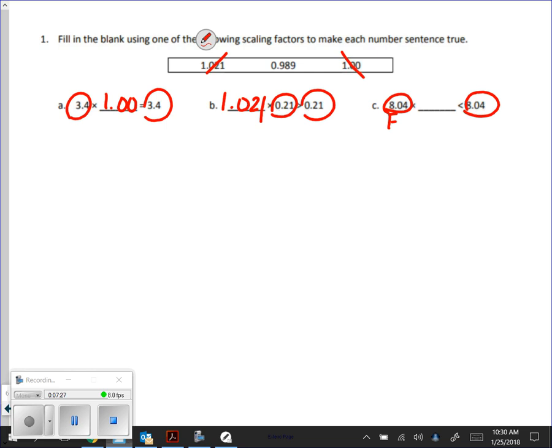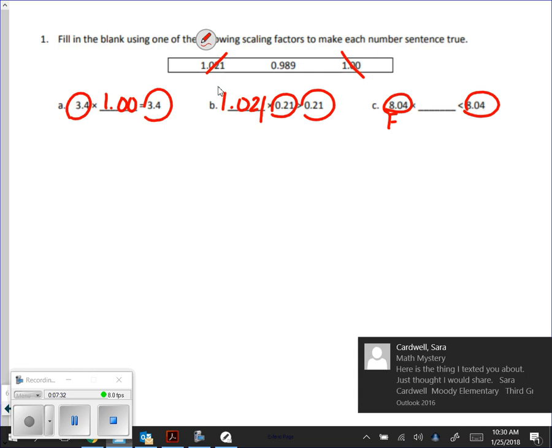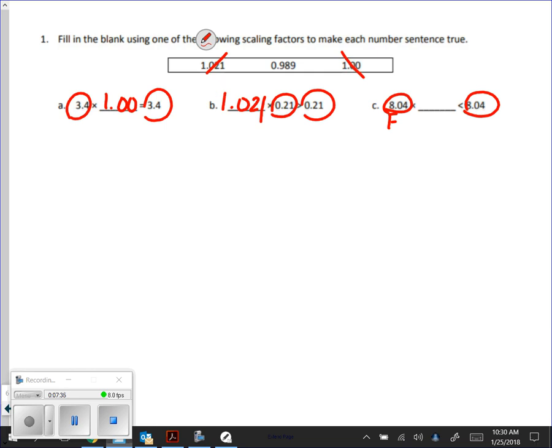How do you know this would make this smaller? There's a rule that it will always work. There's a reason, Bailey. Because it's smaller than 1.